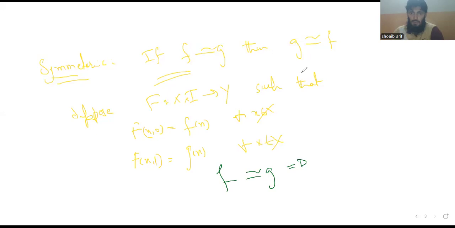Now we have to prove g is homotopic to f. How can we prove that? We can construct a homotopy G from X cross I to Y. What is the construction of G?